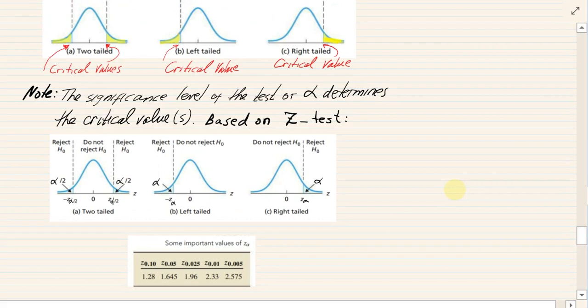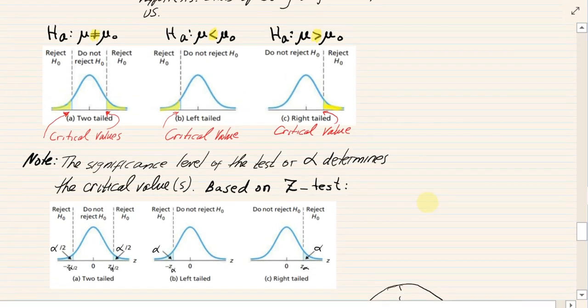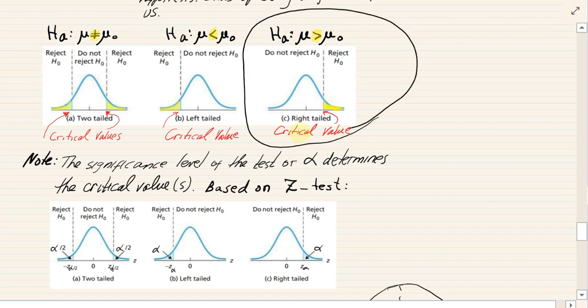But here are some important values of z sub alpha. We've seen these before, but I just want to echo again right in here what they are. So for example, let's say this is a standardized z distribution, 0. So let's say I'm doing a right tail test. Right tail test, that means I'm doing something like this.